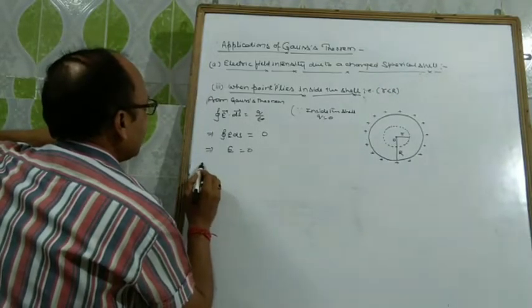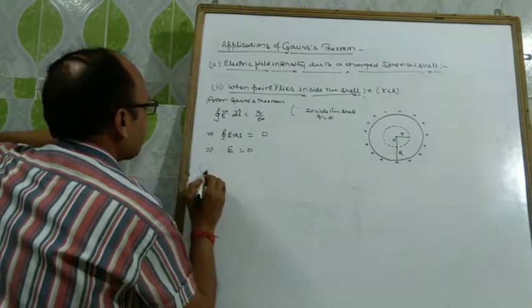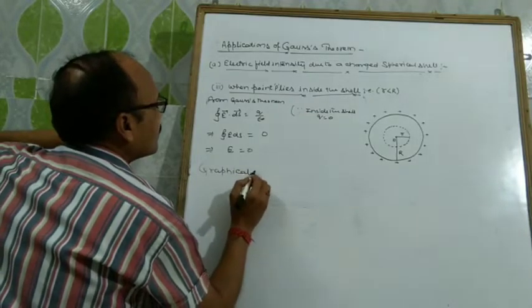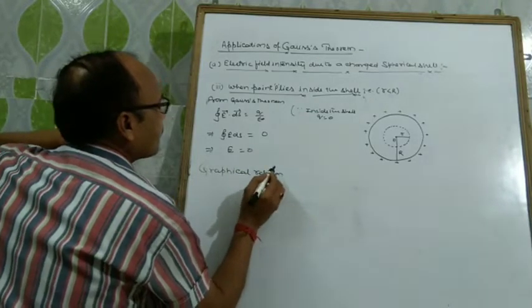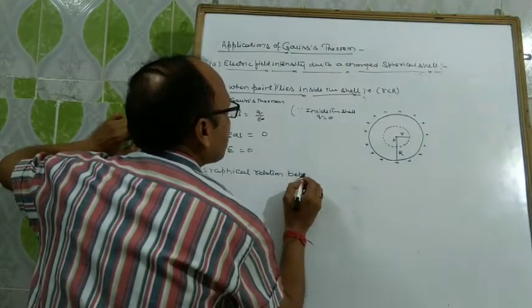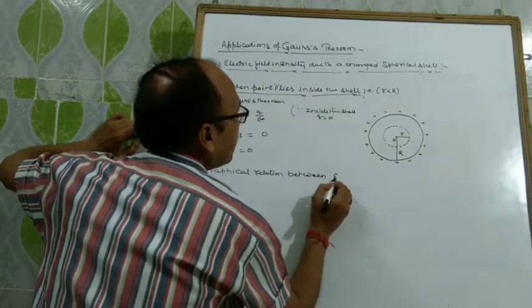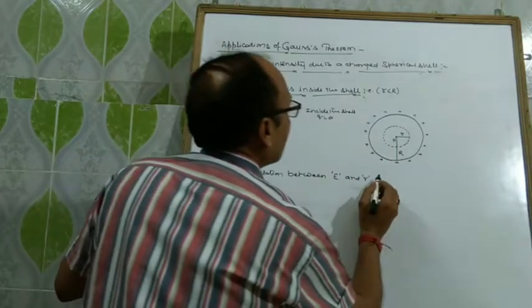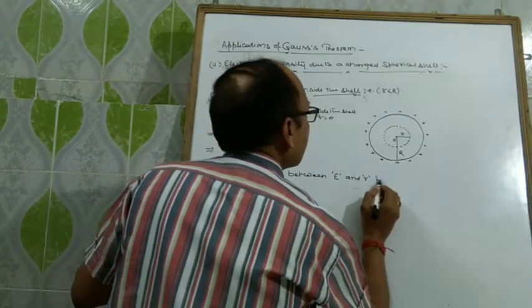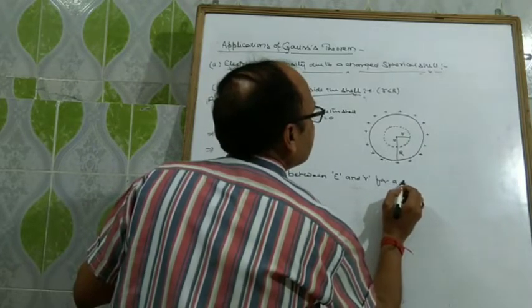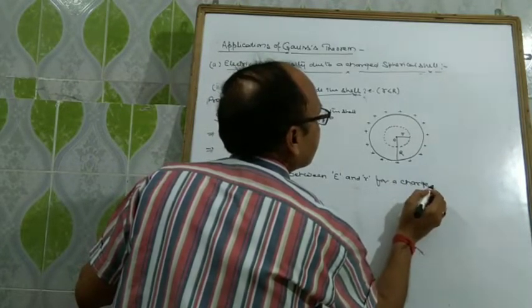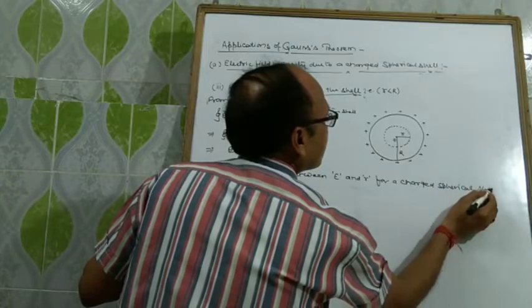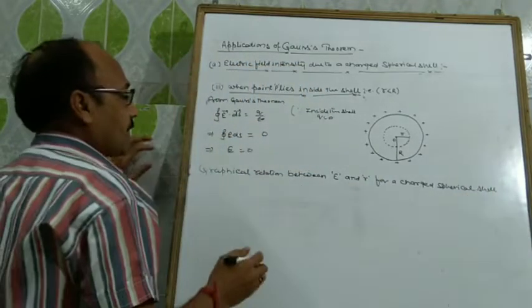So we can say the graphical relation between E and r for a charged spherical shell. It has come many times in board exams.